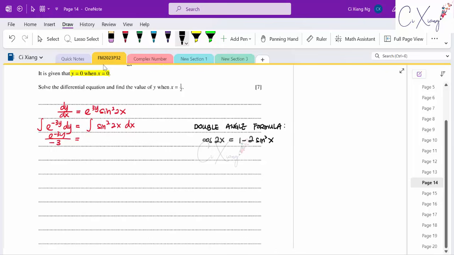But for this question, because we have sine square 2x, that means I want to change the x here to 2x, and further change the double angle 2x to 4x. Then if I rephrase this identity, I have 2 sine square 2x equals 1 minus cos 4x. And after that, you can see very clearly that sine square 2x can be replaced as 1 minus cos 4x divided by 2.